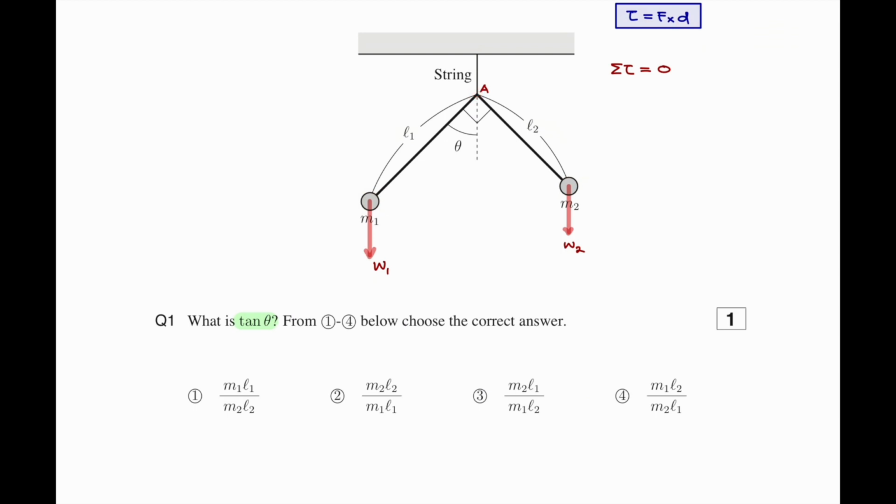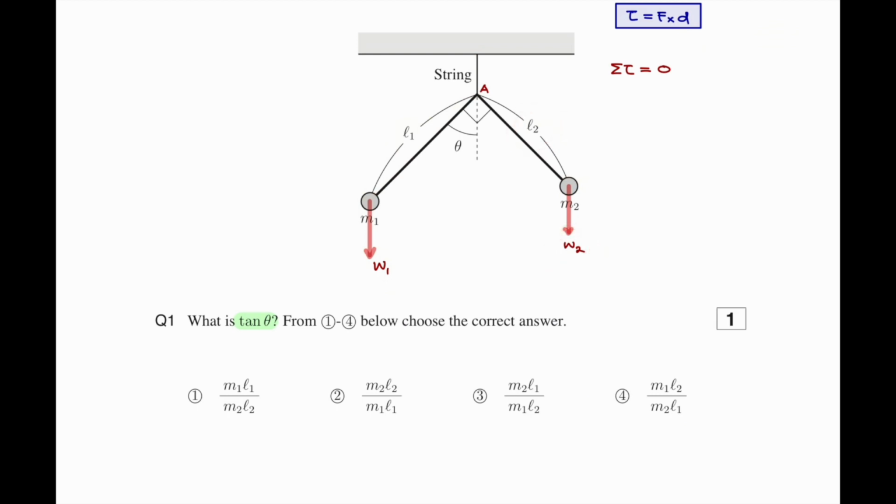So we cannot simply write down the moment of W1 as W1 times L1, because W1 and L1 are not perpendicular. So we have to find the force which is perpendicular to L1. How do we find the force which is perpendicular to L1? The answer is we have to resolve W1, and also W2, because W2 and L2 are not perpendicular to each other.